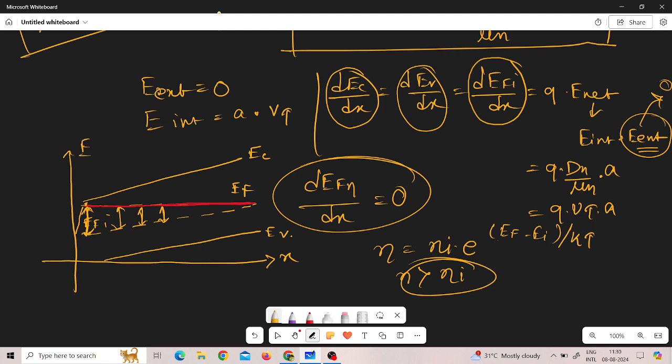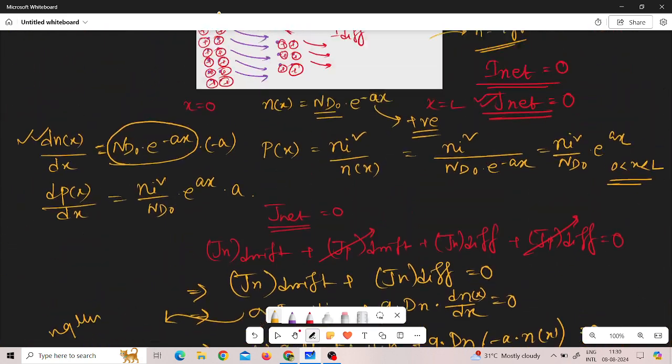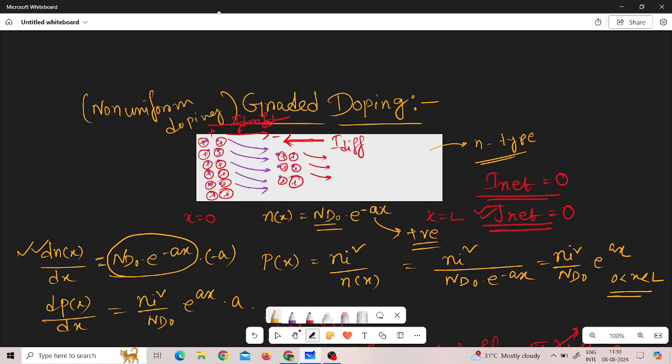So here it is more n-type, and as we move towards x equal to L, if L is high, it tries to become an intrinsic semiconductor. So this is all the discussion about the graded doping which I showed for an n-type semiconductor. Similarly, you can try it for a p-type semiconductor and check what will be the built-in electric field.